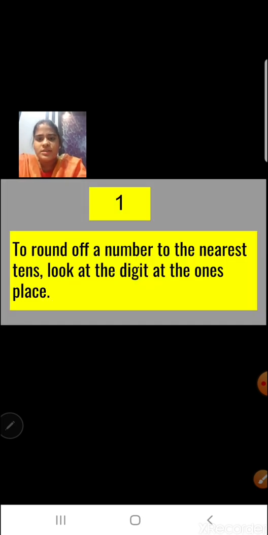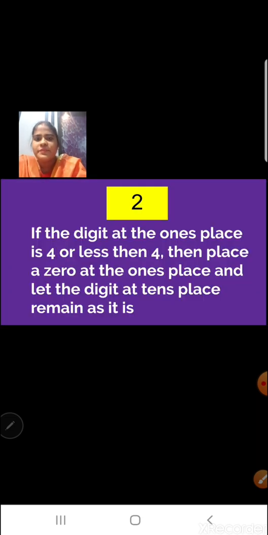Children, for rounding off numbers, there are rules. The first one is, if you want to round off a number to the nearest tens, we have to look at the digit at the ones place. If the digit in the ones place is 4 or less than 4, the digit in the ones place will become 0 and the digit at the tens place will remain as it is.